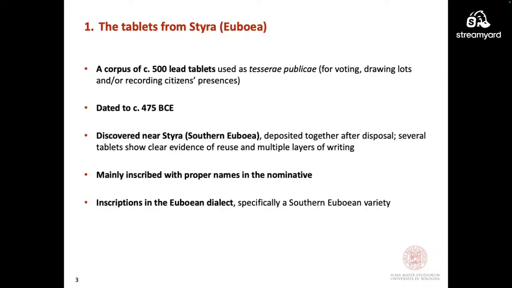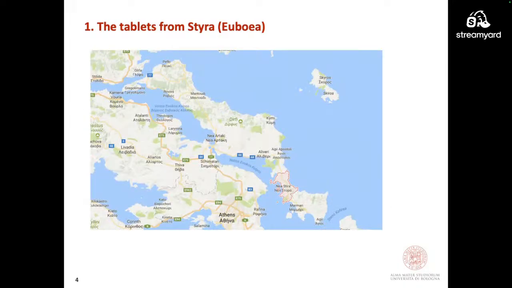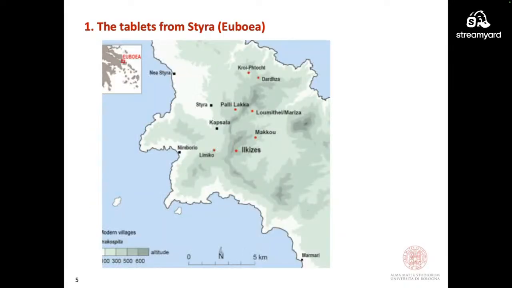They date to around 475 BC and they were found in Euboea and more precisely near the city of Styra in southern Euboea. These are the modern villages, and these tablets were found, we don't know exactly where, but somewhere in the area between Nea Styra and Styra.